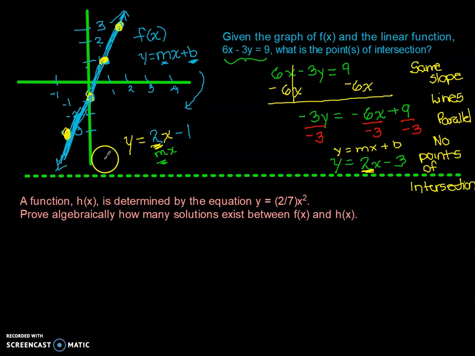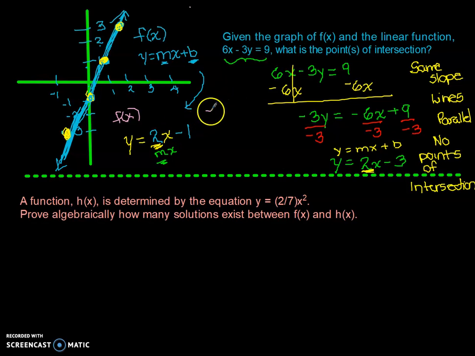Now, moving on, these two problems are together. Moving on from here, a function, which I'm going to call h of x, is determined by the equation y equals 2 over 7 x squared. Prove algebraically how many solutions exist between f of x, remember f of x is right here.